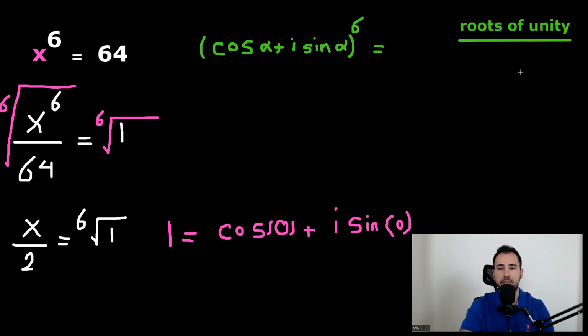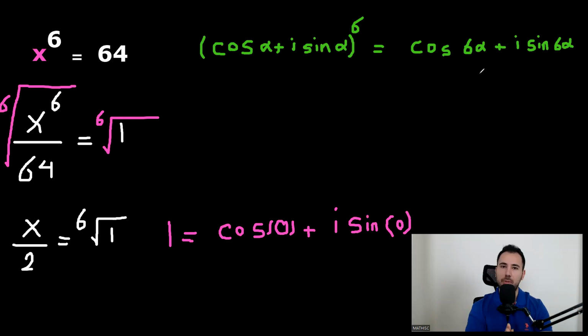You just need basic trigonometry skills to expand this. Well, the result will be cosine of 6 alpha plus i sine 6 alpha. Okay, let me write it better. Okay, so that's going to be everything you need to know. Okay, so let's start.